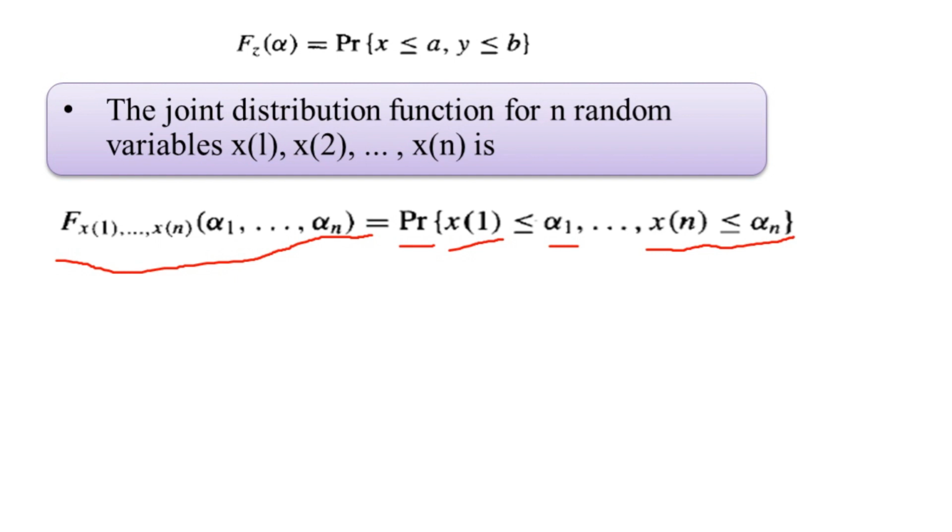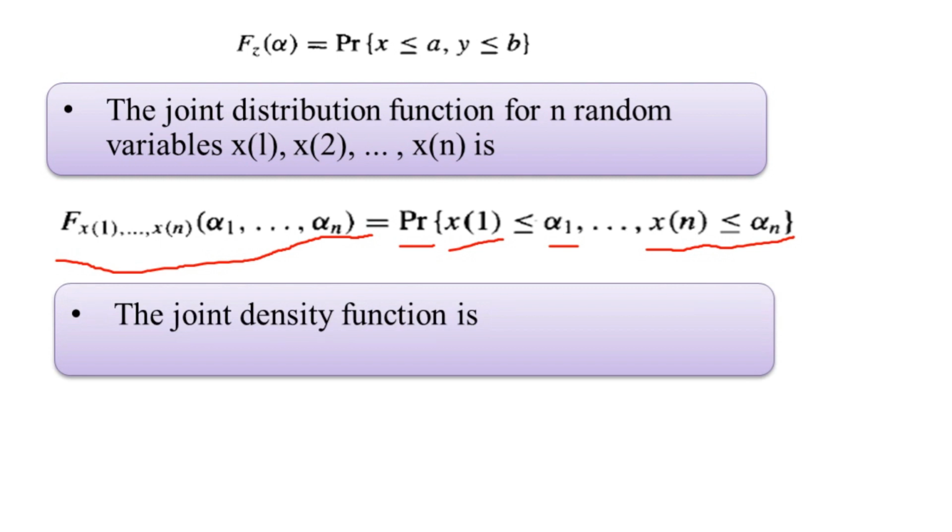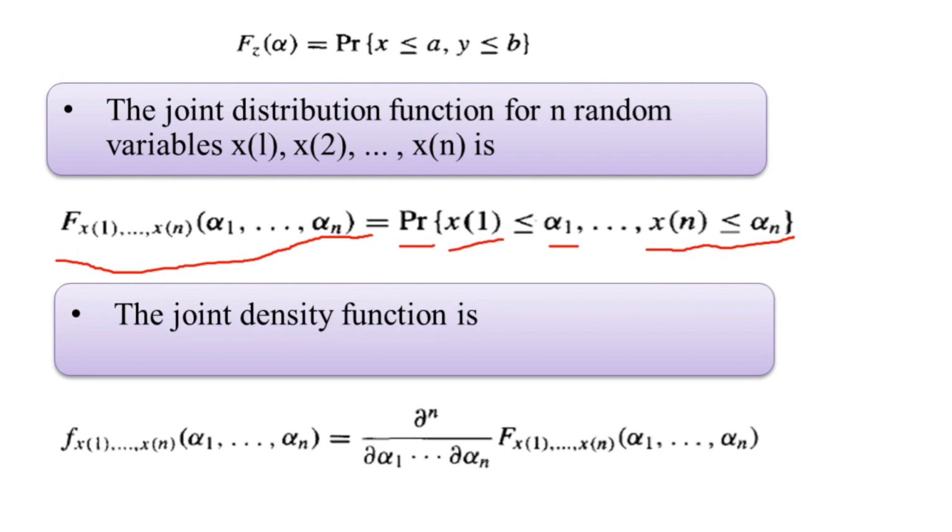Now the last one will be the joint density function for again the n random variables, and the formulation can be represented like this. The change on the left hand side will be from capital F for the joint distribution function to small f for the joint density function, and the rest of the representation, the suffix for the random variables x1 to xn and alpha 1 to alpha n, the individual variables, will be the same.